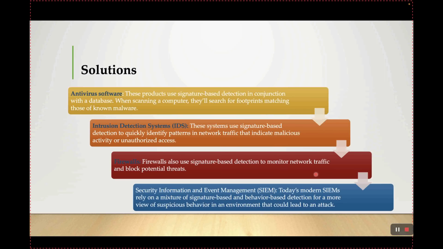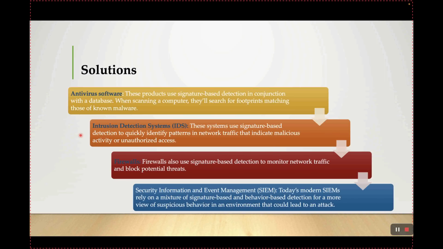That's one of the biggest problems. Now, the question is, what type of solutions out there integrate a signature base? Of course, antivirus. That's one of them. They all have databases. Like I said, you need to update them. IDS, like Snort, I already provided you with an example. They use signature-based detection to quickly identify patterns in the network traffic. Snort is a network IDS.